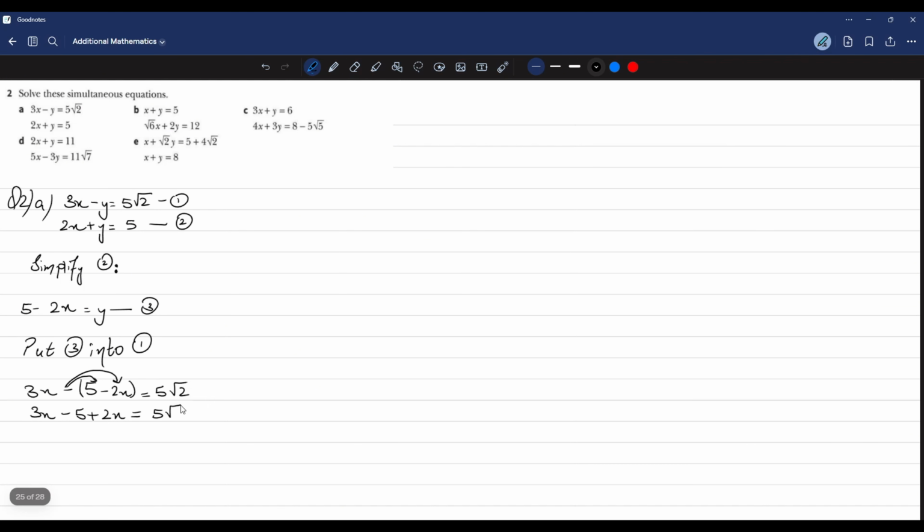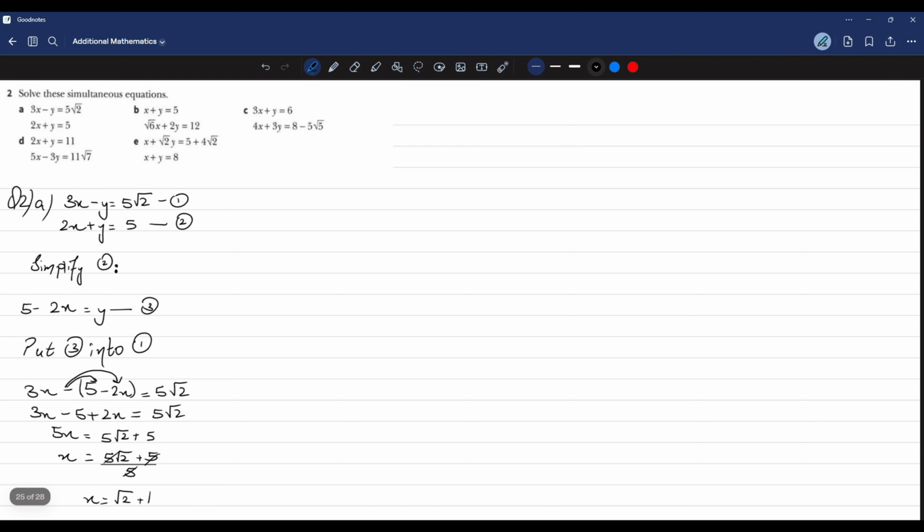Okay. So 5 under root 2, 3x plus 2x equals to 5x, and 5x is equals to 5 under root 2 plus 5. And then x should be equals to 5 under root 2 plus 5 divided by 5. 5 and 5 cancels down, and we have got x equals to under root 2 plus 1.